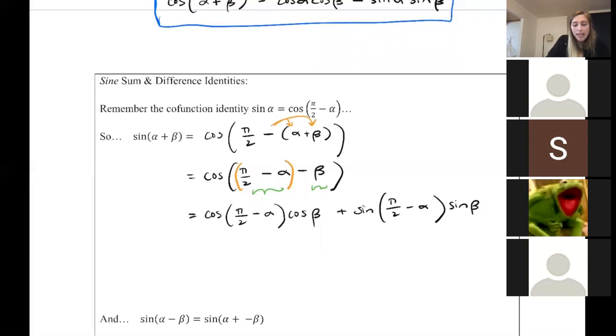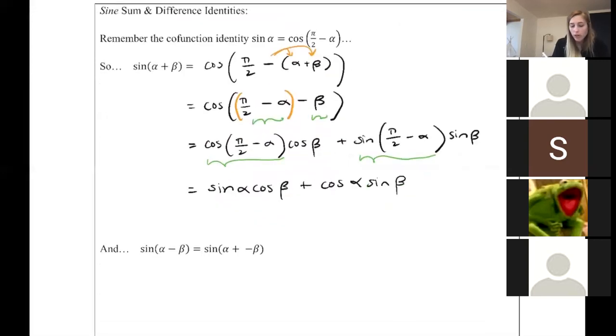And again, using cofunction identities, we're going to replace the cosine of pi over 2 minus alpha and sine of pi over 2 minus alpha. This would be sine of alpha times cosine beta plus cosine of alpha times sine of beta.